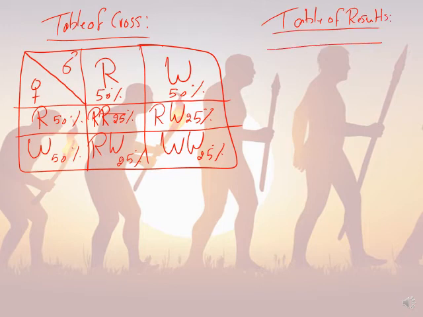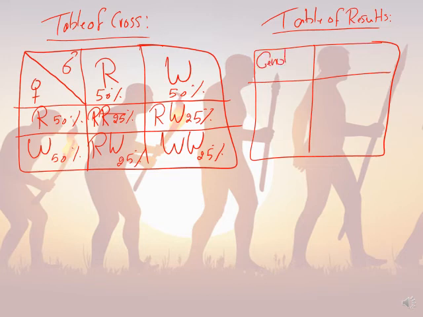The table of results will be like this. The genotype will code for the phenotype. Here we have RR 25%. We don't have other than this as RR, so this will give 25% having red color, so red flowers.